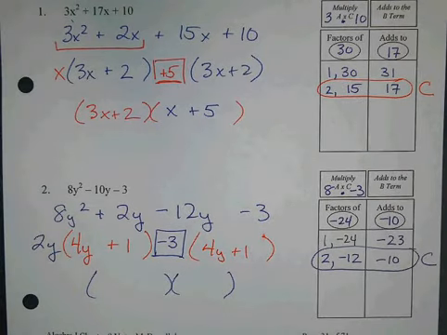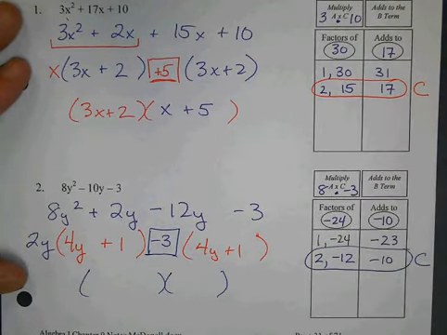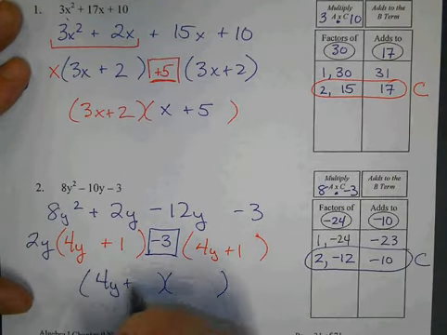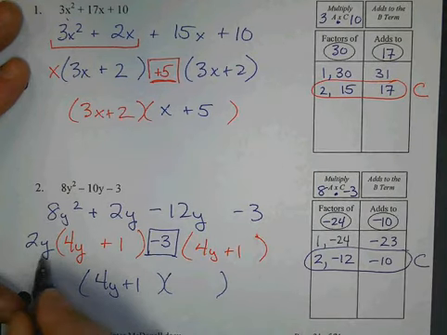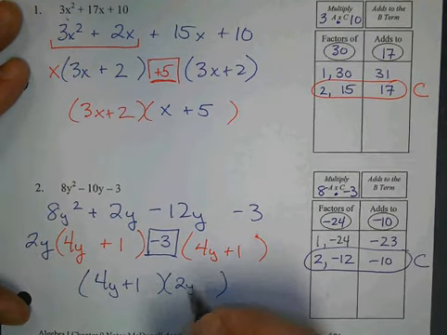Dylan or Sophia, can you give me my answer? Good. 4y plus 1. Close. Close, close, close. See the 2y out front? 2y minus 3.